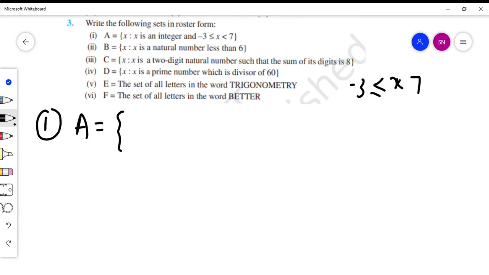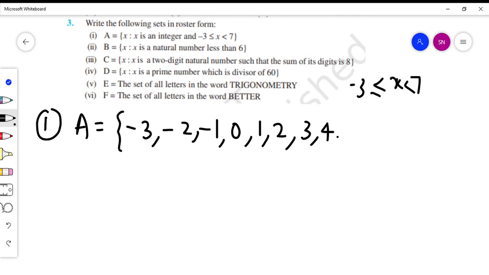So here we have to write the set of integers in the given range. How will I write the values? Your values would be minus 3, minus 2, minus 1, 0, 1, 2, 3, 4, 5 and 6.